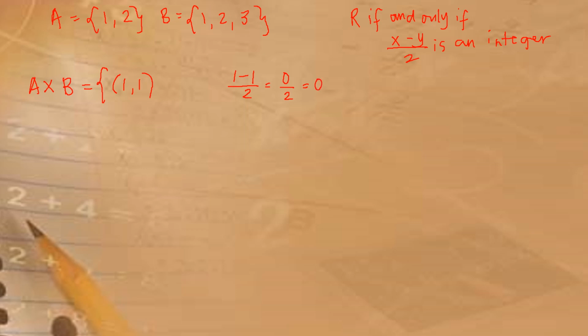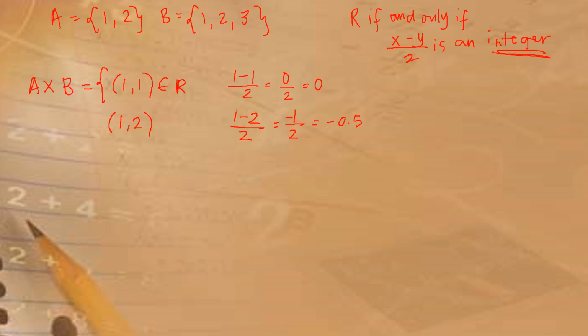Therefore, 1 comma 1 is an element of the relation, because the answer is an integer. Let's proceed next. 1 comma 2. Let's try. 1 minus 2 divided by 2. So this is negative 1 over 2. Negative 1 over 2 is simply a fraction, or it can be converted into decimal as negative 0.5.